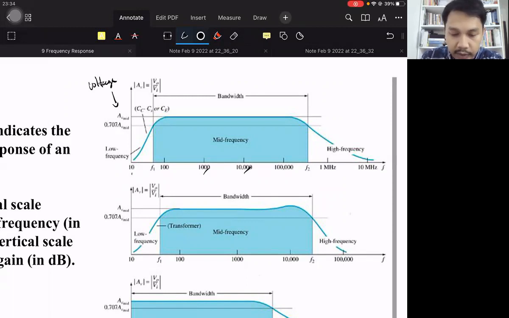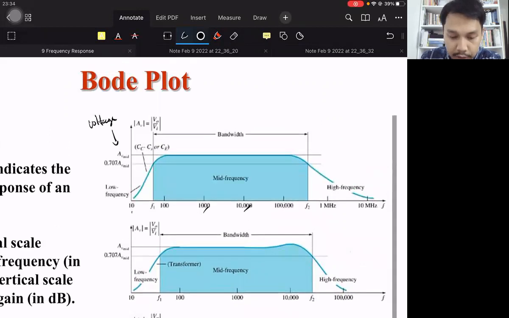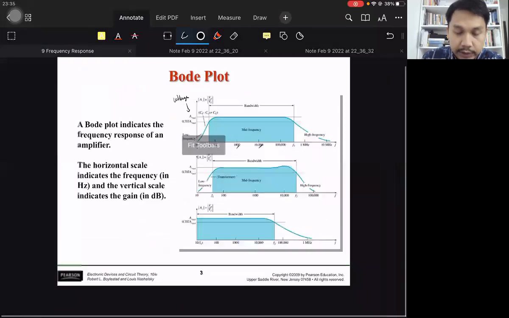So the Bode plot normally is measured using a logarithmic scale for the x-axis for the frequency, and sa y-axis pwede siya directly na ratio sa voltages or ang voltage gain, or pwede gihapon in terms of dB or decibel. Okay, so how will we convert this to dB? We'll just use the formulas we've introduced last meeting.